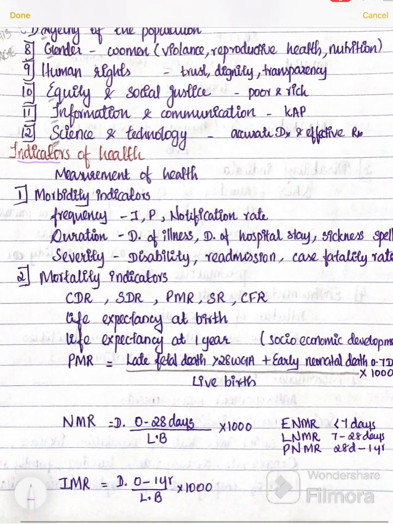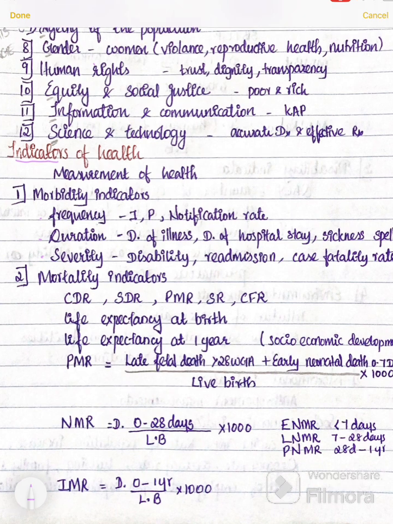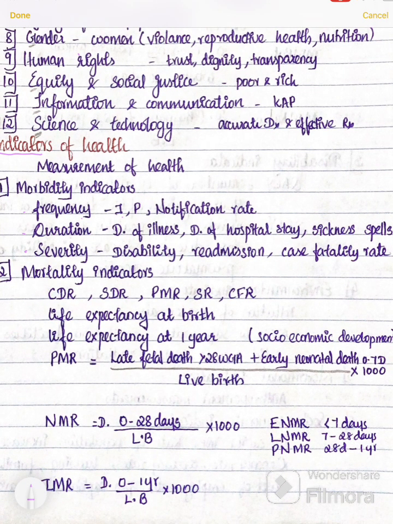So the first one is morbidity indicators. We can divide morbidity indicators according to frequency, duration, severity. Frequency: we have incidence, prevalence and notification rate. Duration: some examples are duration of illness, duration of hospital stay and sickness spells.